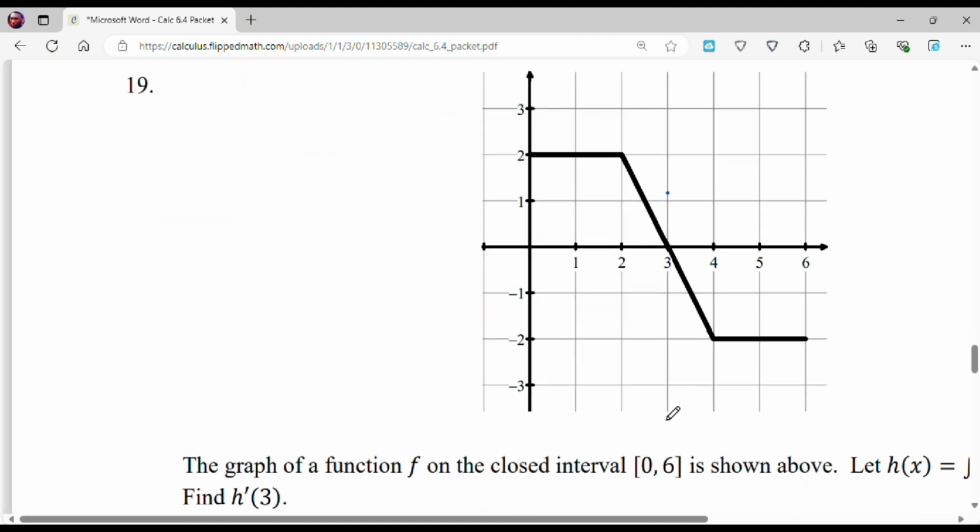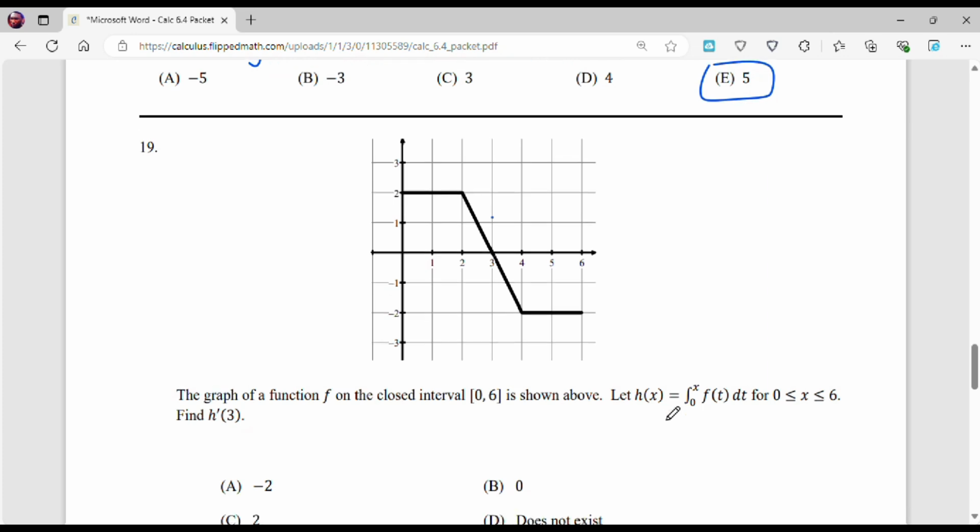Okay. The graph of a function f on the closed interval 0 to 6 is shown above. Let h of x equal the integral from 0 to x of f of t dt for 0 to 6. Find h prime of 3. So h prime of x equals f of x.